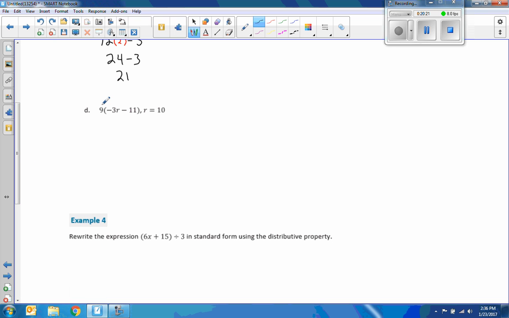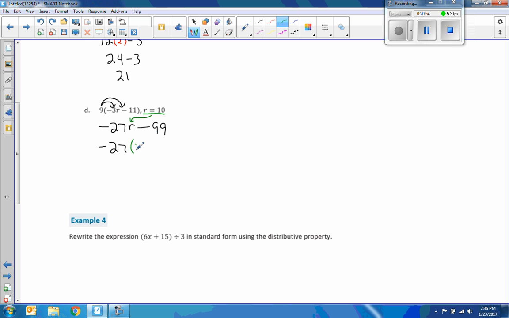D. Positive times a negative. Always deal with your sign first so you don't get that wrong. Positive times a negative is negative. 9 times 3, 27. Then just put the r. 9 positive times a negative, negative 9 times 11, 99. Substitute in our r. Okay, so we're going to get negative 27r.